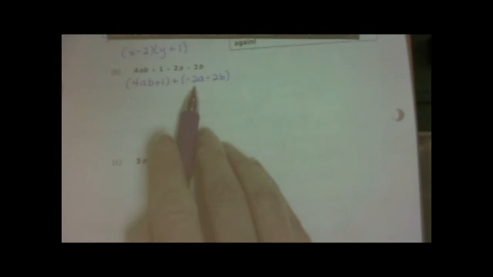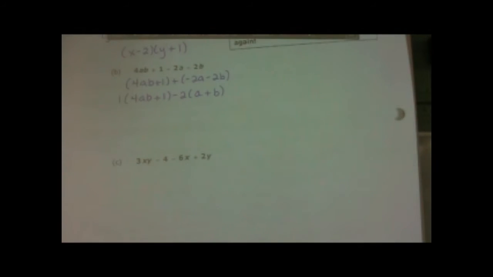Out of the second group, I can factor out a 2, but here's the thing. Even if I do that, I'm not going to have a greatest common binomial factor. I'm going to have this, 1 times 4ab plus 1. Even if I factor out a negative 2, that'll leave me positive a plus b. There's no common binomial factor, so I'm stuck.